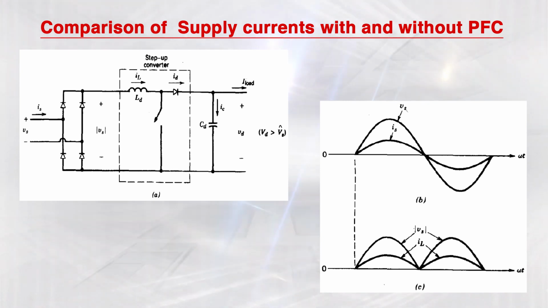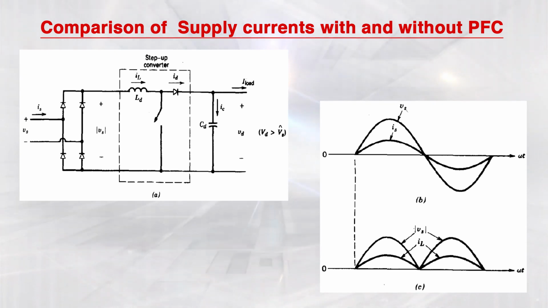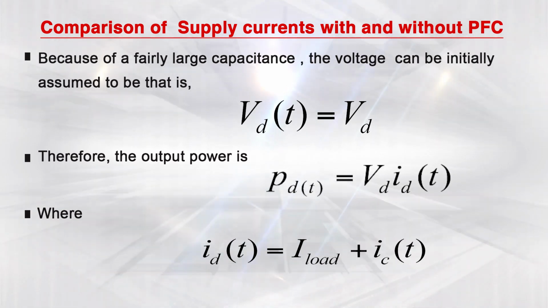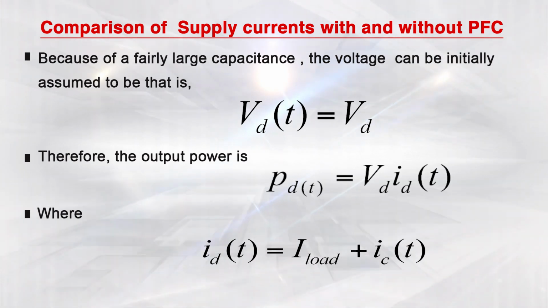Whenever the switch is on, the energy stored by the capacitor is delivered to the load. However, when the switch is off, the stored energy in the inductor goes to the capacitor, as well as some fraction of energy to the load. So, this way we operate this boost converter, and here we have various equations.